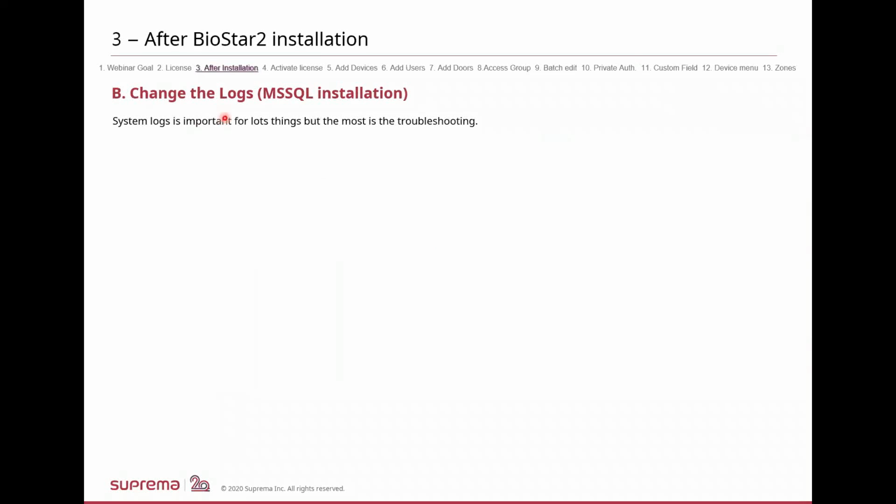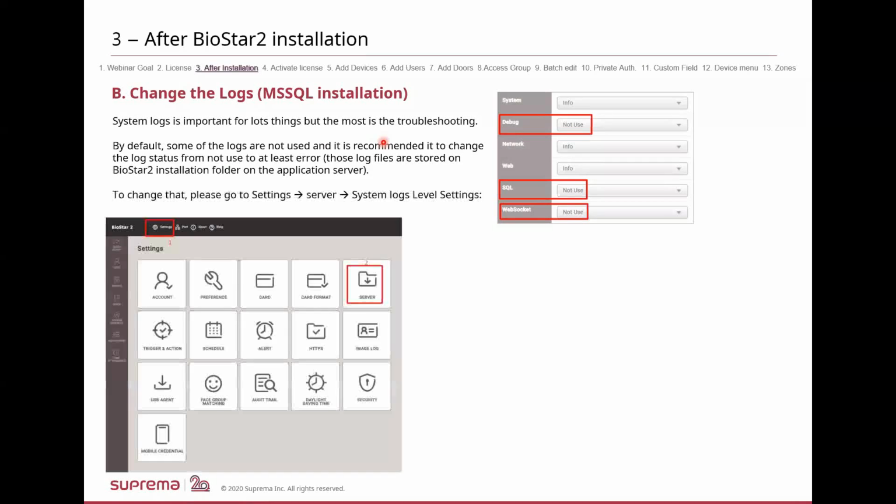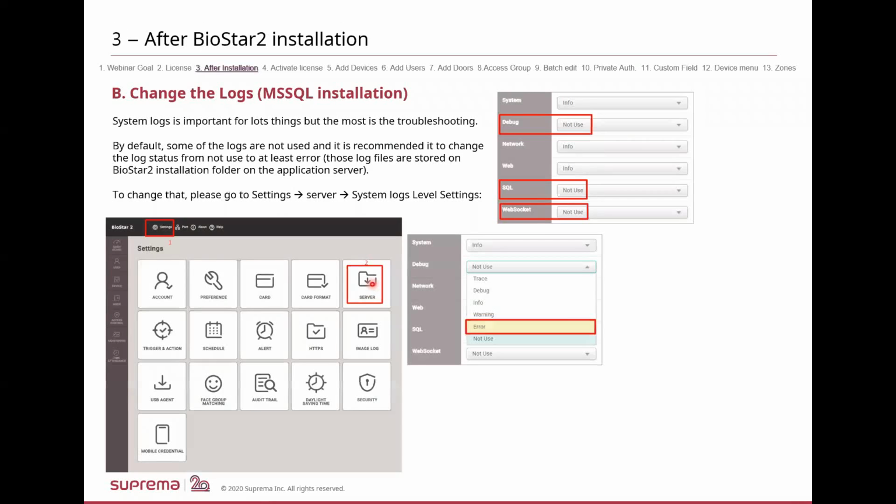Now, changing the logs. Once you install BioStar 2 on MSSQL, the system log is important for lots of things, but mostly for troubleshooting. So you need to go to settings, server, and you will see the logs at the bottom. You will see that the debug, SQL, and WebSocket logs are not used.